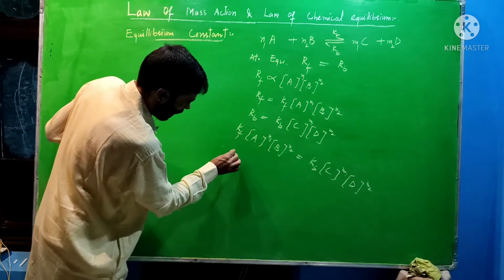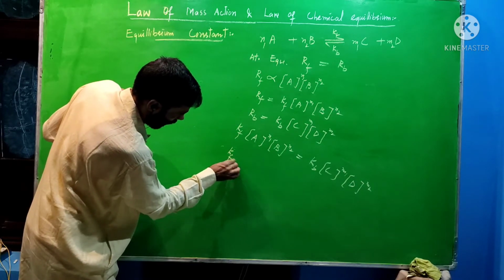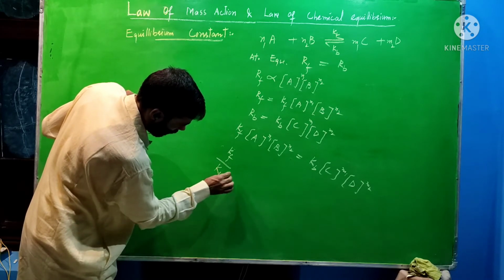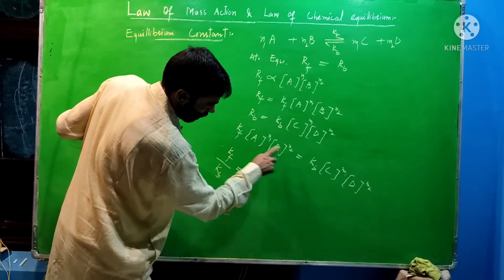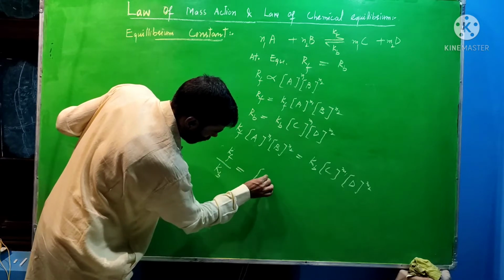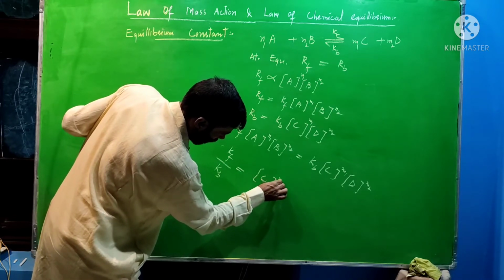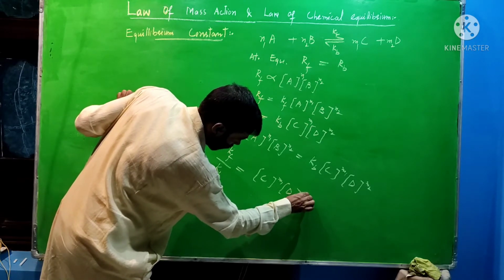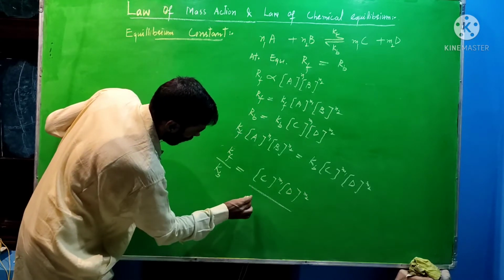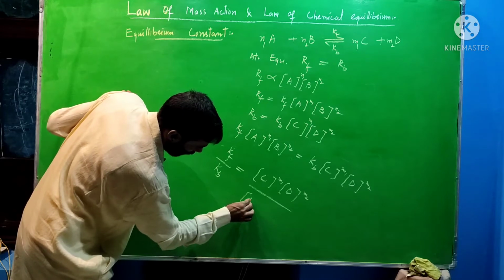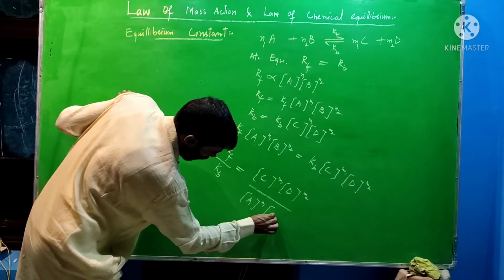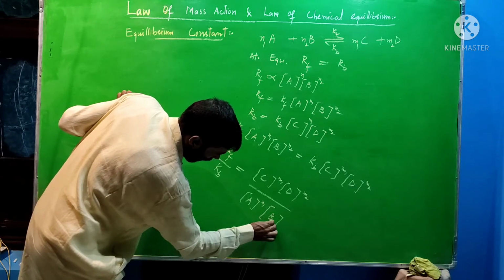Now taking the ratio, Kf divided by Kb, will be [C] to the power m1 into [D] to the power m2, divided by [A] to the power n1 into [B] to the power n2.